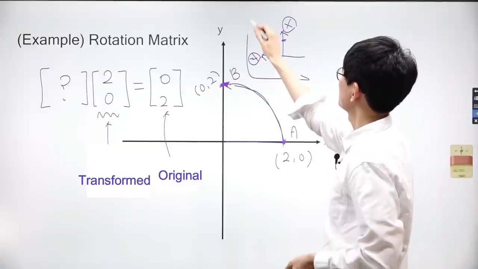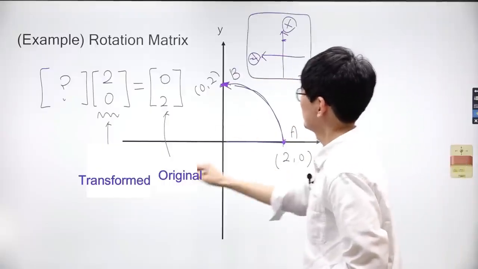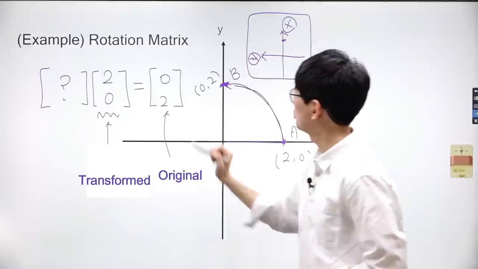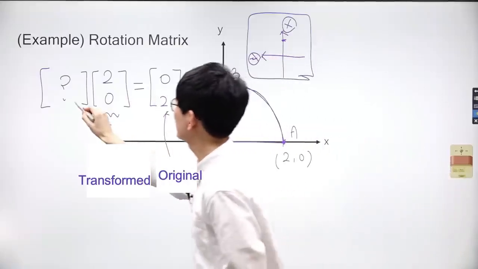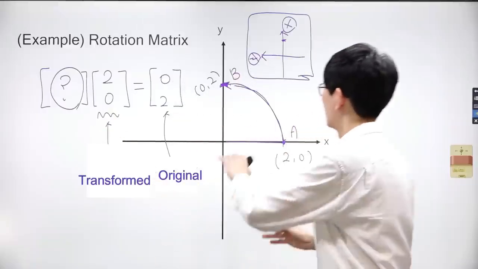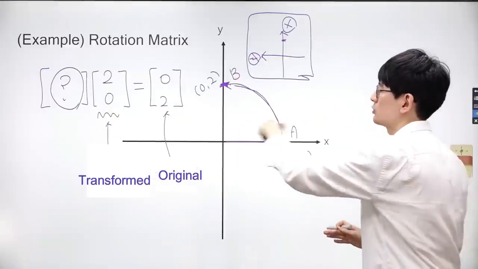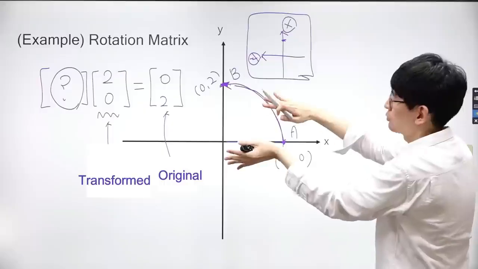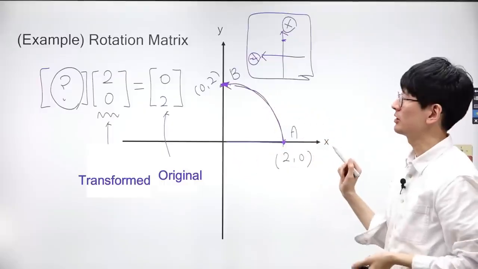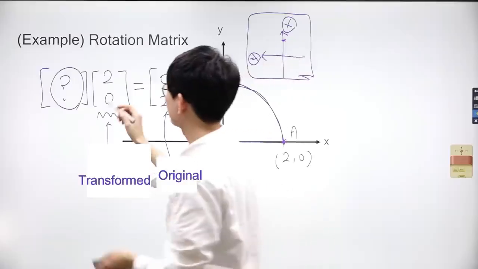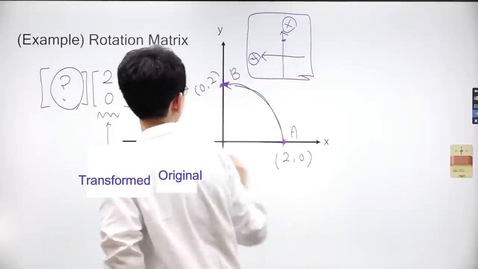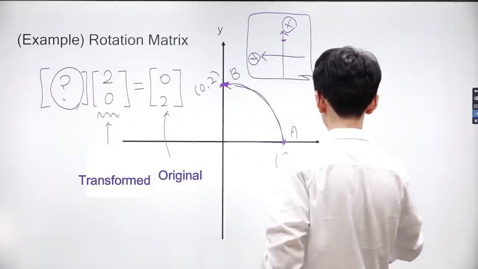Thus, in this new coordinate system, the vector's coordinates would be 2, 0, whereas in the original coordinate system, they would be 0, 2. So, the vectors in the unknown matrix serve as new x's that are rotated 90 degrees counterclockwise. How can we express this 90-degree rotation in a matrix?